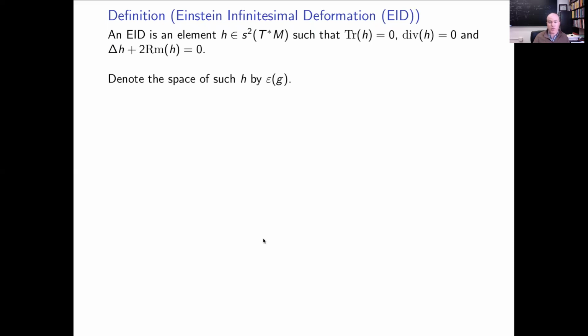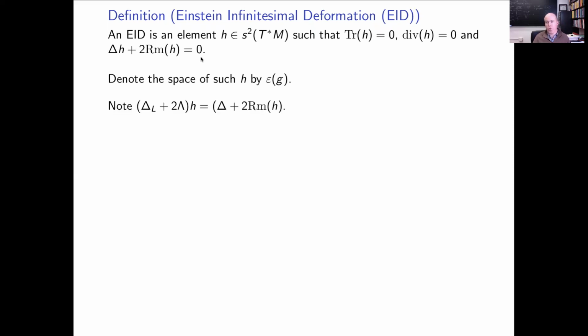These are called TT tensors as well, and they satisfy the condition that the Laplacian of h plus twice a natural action of the curvature tensor on symmetric two-tensors vanishes, so this equation is satisfied. Right now we're going to denote the space of such objects by lowercase epsilon of g.